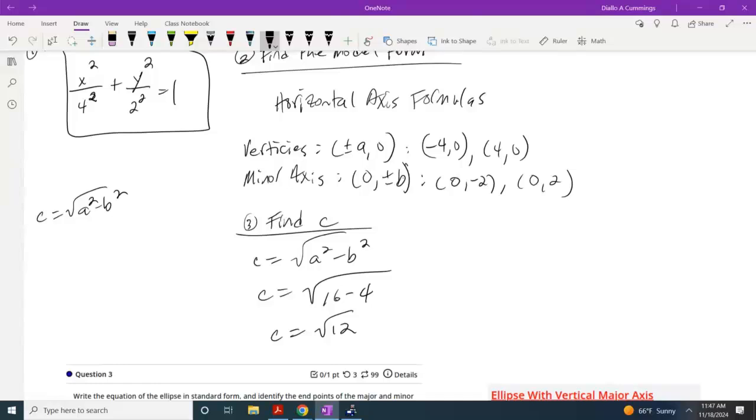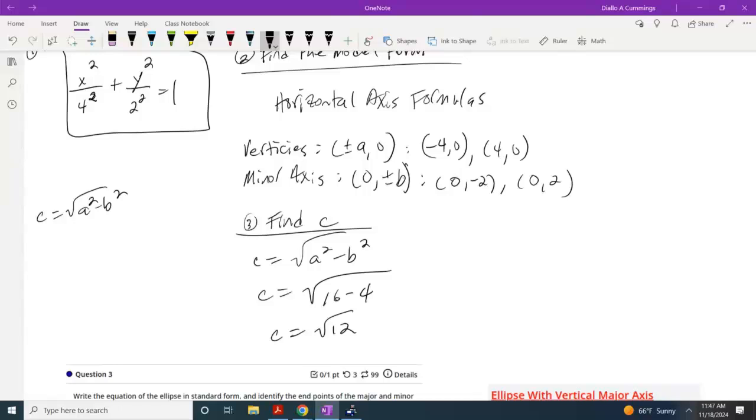Now, I didn't actually put the answers in. I don't know if it's going to accept the square root of 12, but you can simplify it. I know that XYZ is not really a stickler for simplifying fractions and simplifying radicals, but this is how you would simplify this.